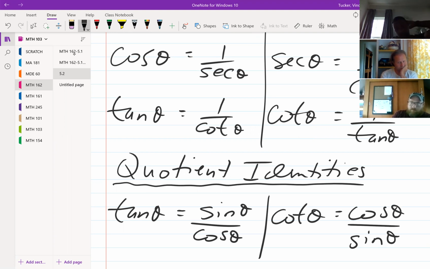So then you have your quotient identities, where tan is equal to sine over cosine. So if tan is equal to sine over cosine, that means cotangent is equal to cosine over sine.